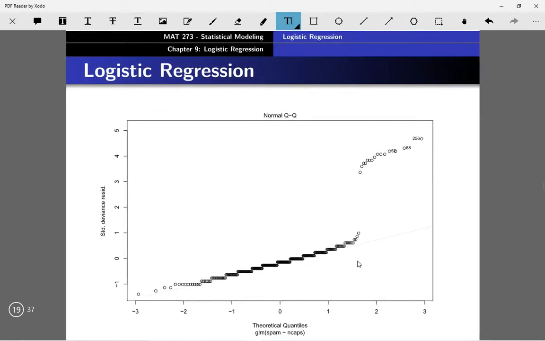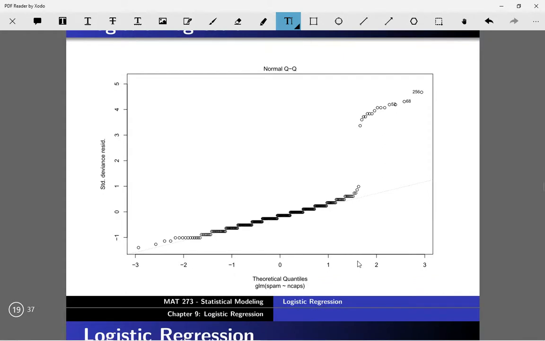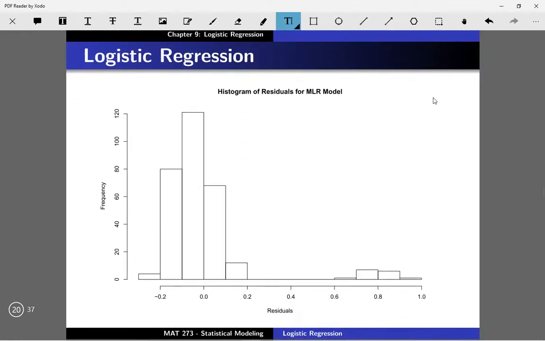Looking at the QQ plot, just for the heck of it, to check normality, again, we have a lot of points straying really far away from the dotted line here. So that seems to suggest normality is not met either. So violating another assumption. And just to check, looking at a histogram of the residuals, which should be bell-shaped if normality is met, we see it's like a bimodal distribution.